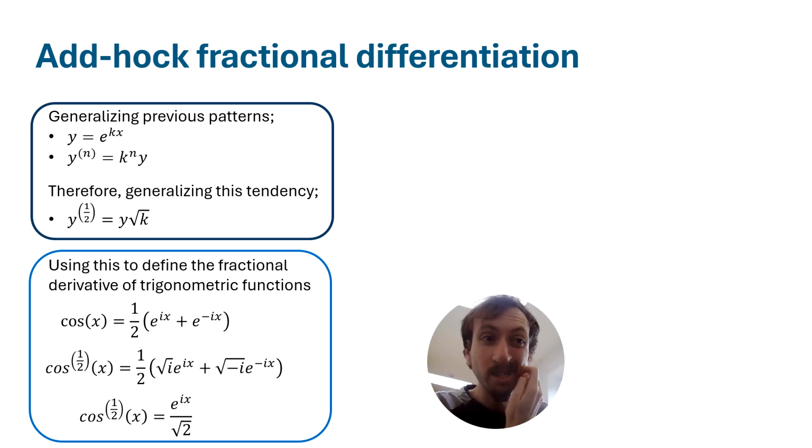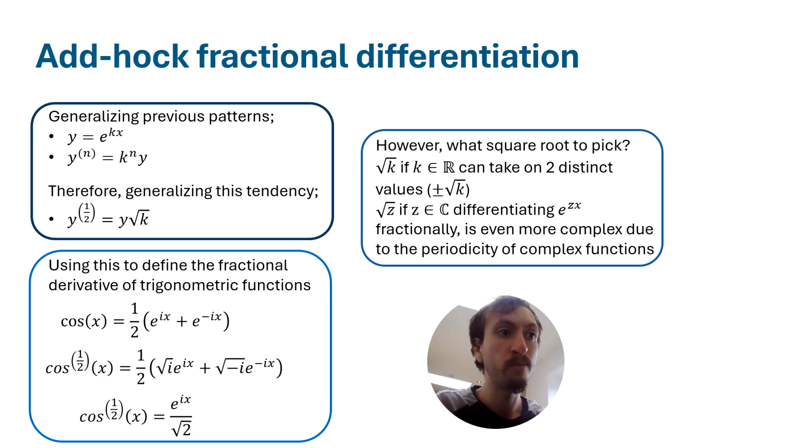However, we are dealing with square roots, and the solution to what a square root is is ambiguous. If k is positive, then the square root of k has two distinct values. If we're taking the square root of an imaginary or complex number, well, then things become way more complicated.